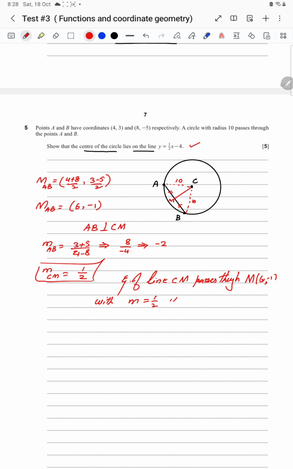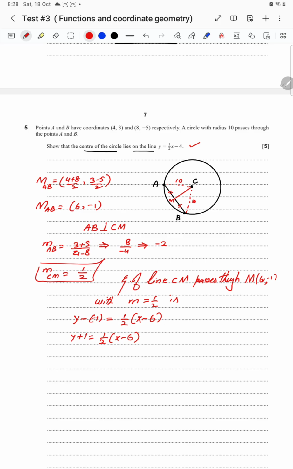So it is y minus y1 equal to m times x minus x1. So y plus 1 equal to 1 by 2 times x minus 6.